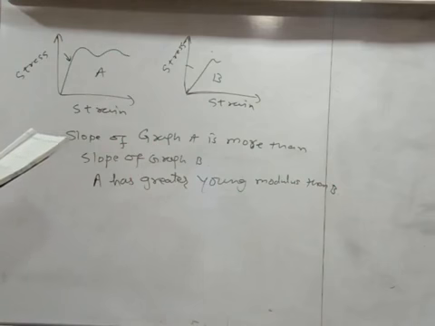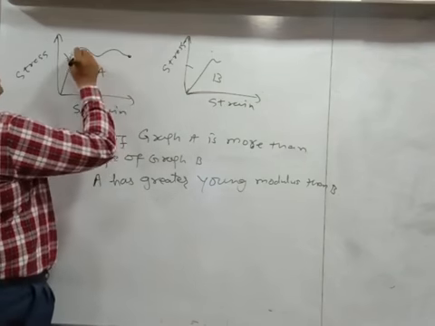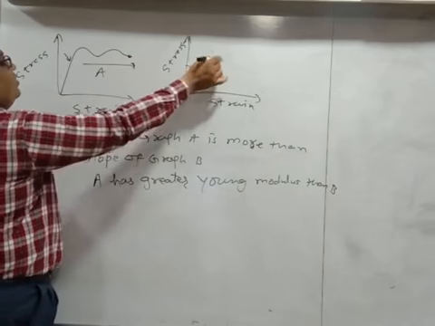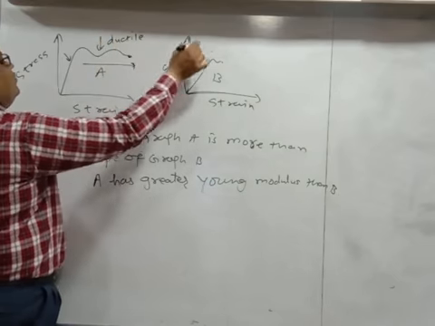And second answer, which of the two is the stronger material? So obviously, listen, here we can say the breaking point is at this particular point, and here this material is ductile and this material is brittle.